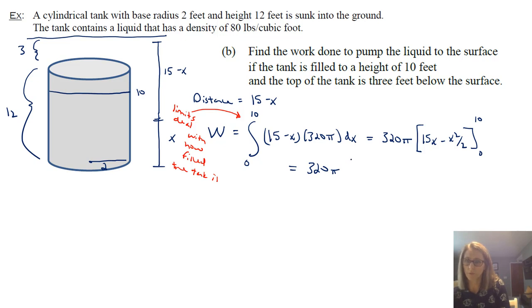We have 150 when we put in 10, minus 50. And when we put in 0, we get nothing, so helpful there. So you can see that that's going to give us 320,000 pi and 32,000 pi. And that is, again, our foot-pounds.